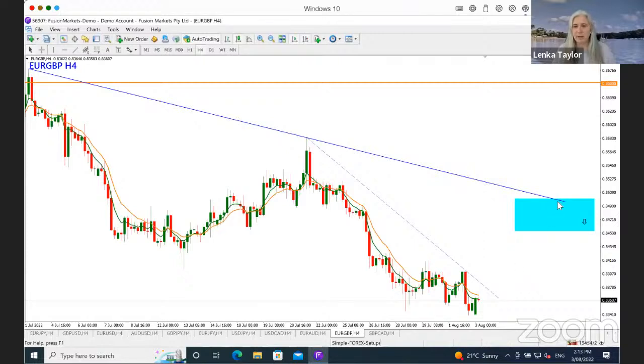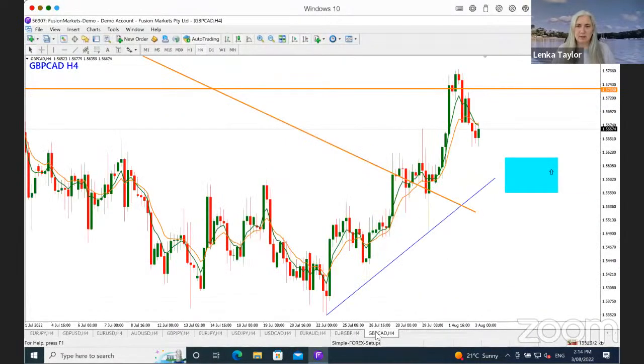There could be the pullback up to the trend line and then looking for short. Otherwise, if it just keeps under that shorter trend line, this one here, then it might just continue in that direction. That's a continuation, as opposed to having that pullback. Either way, I'm looking for short opportunities at the moment for Euro GBP.